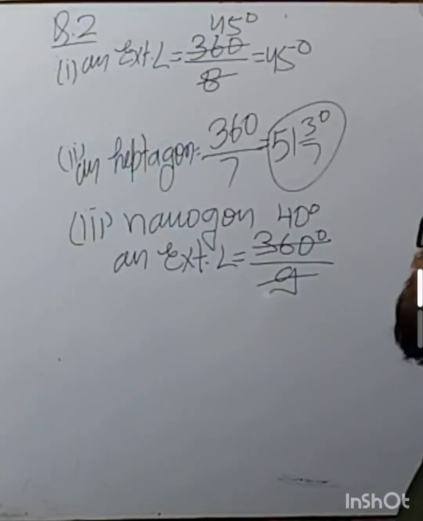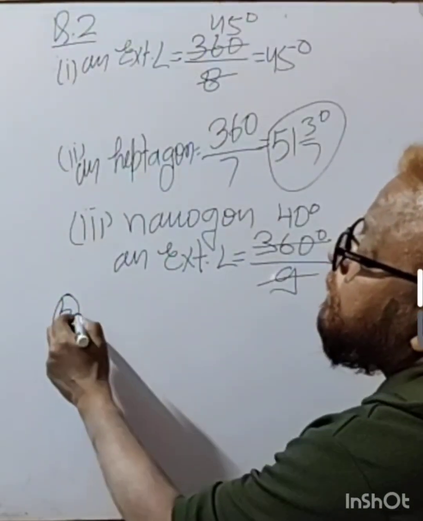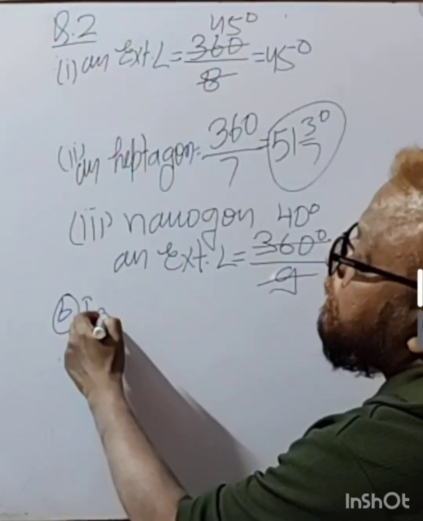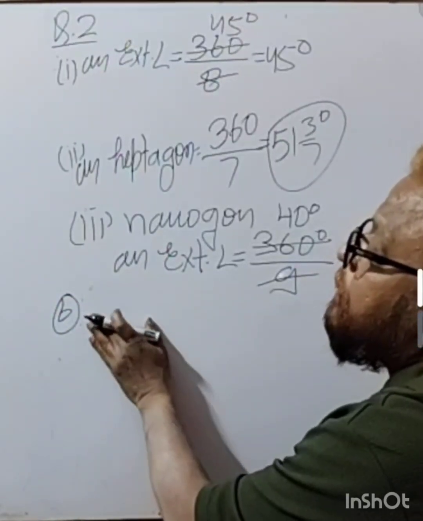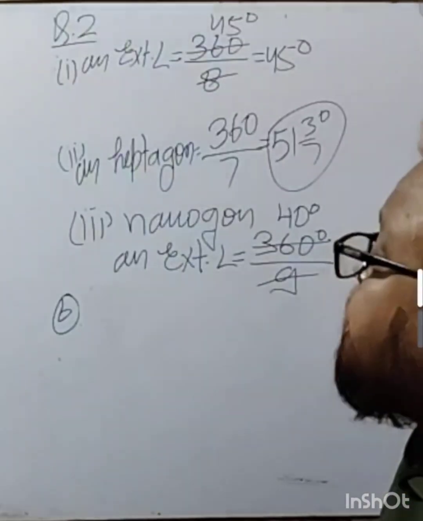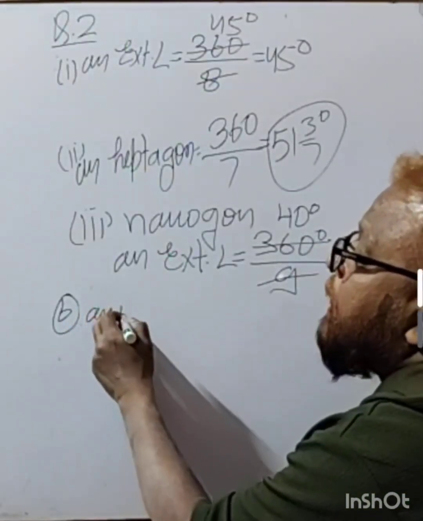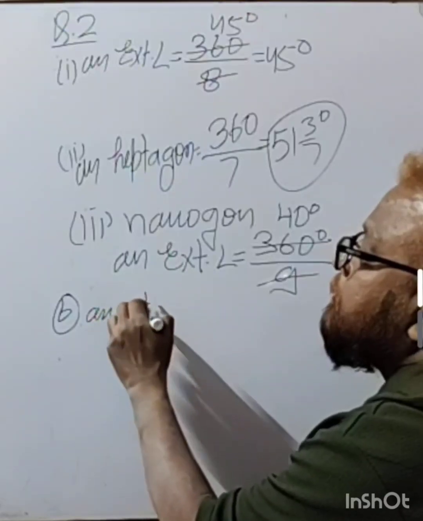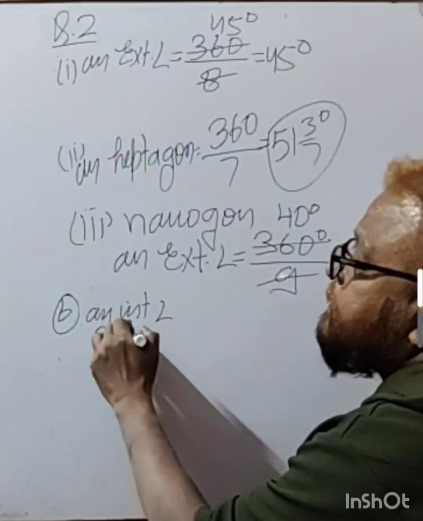Interior angle. Can you find the B part? An interior angle of a hexagon.